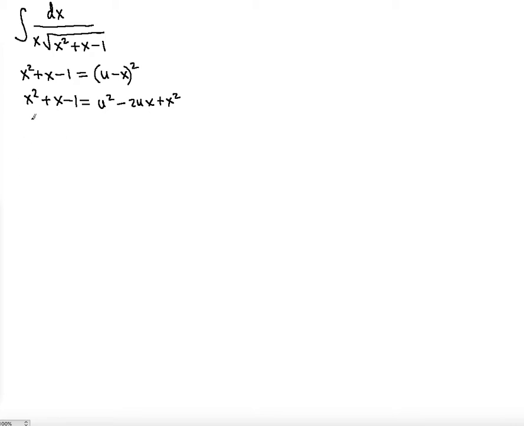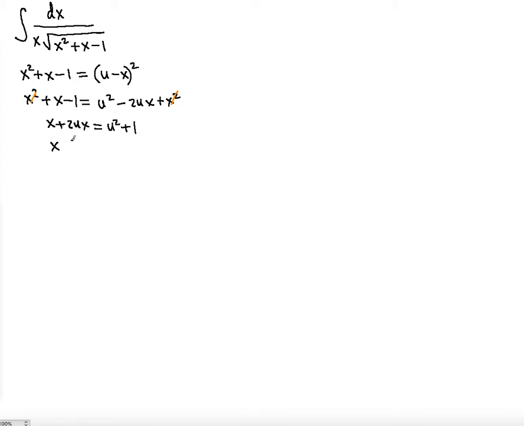So notice that the x squared parts are gone, because they subtract from each other and give you 0. But then you have x plus 2ux is equal to u squared plus 1.